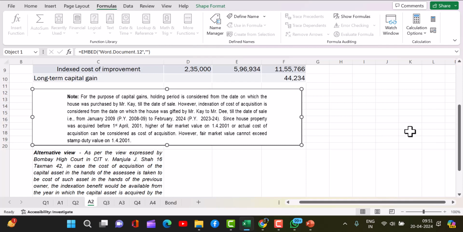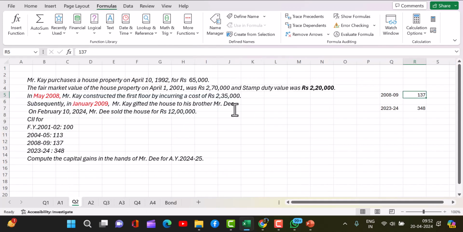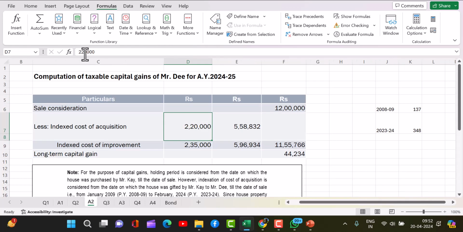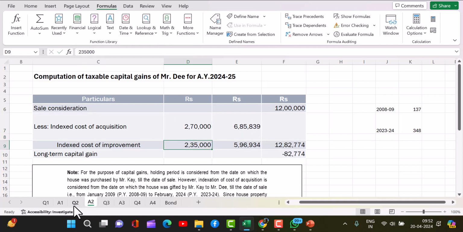Now this we have already explained. The only thing is that we have to take the stamp duty value, because the stamp duty value is lower. If you would have taken the value of, for example, 2,70,000, suppose the stamp duty value was not there. In that case, there was no capital gain, because 12 lakh was the sale consideration and the indexed cost of acquisition was higher than the sale consideration.